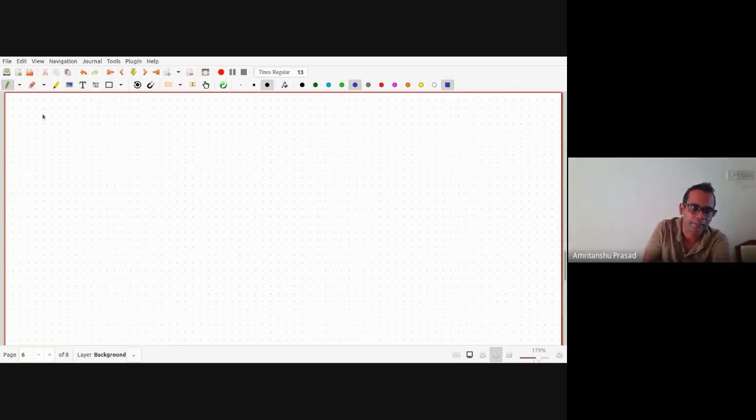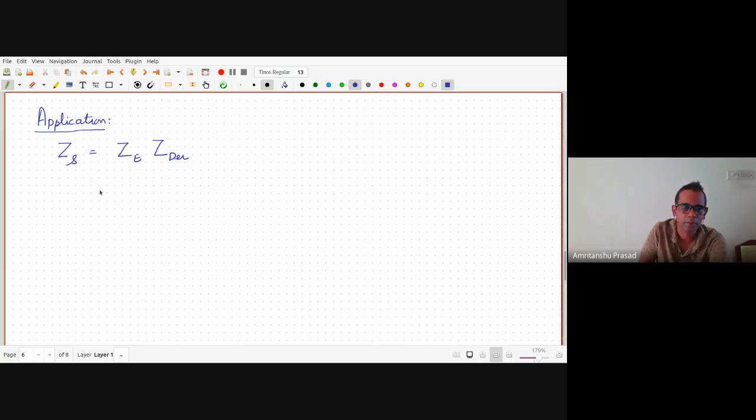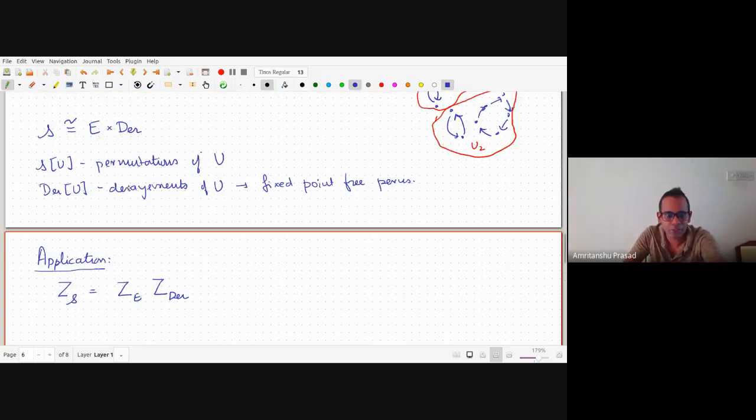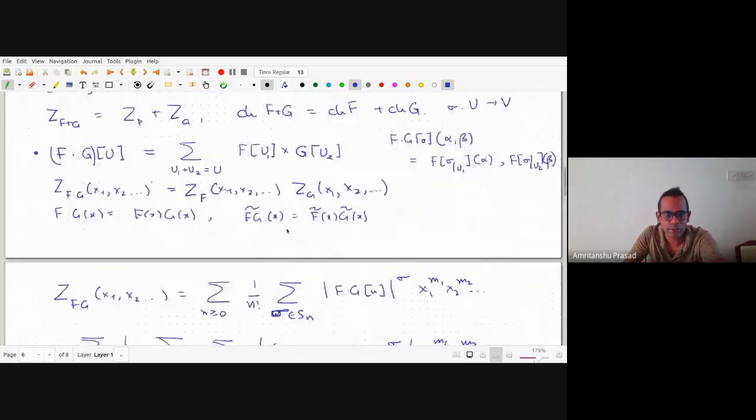What we get allows us to compute Z of derangements from Z of S and Z of E. Let me remind you about the calculation we did last time. By the way, I should also say that this is also true for Frobenius characteristics.